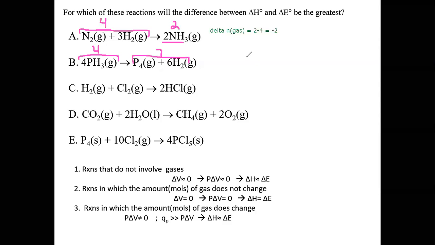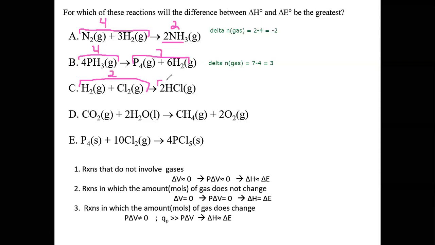And so here we have the change in the moles of gas equals final minus initial, we get 3. So in this example, the system expanded. In C, we see that on the reactant side, there are 2 moles of gas.